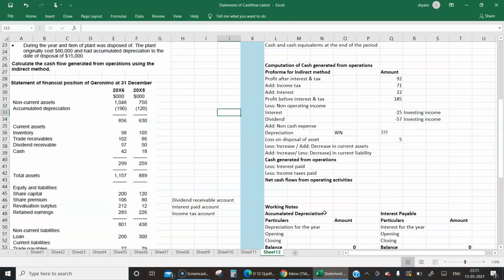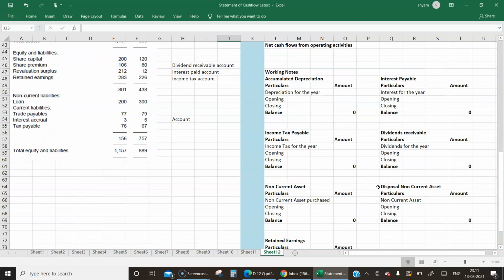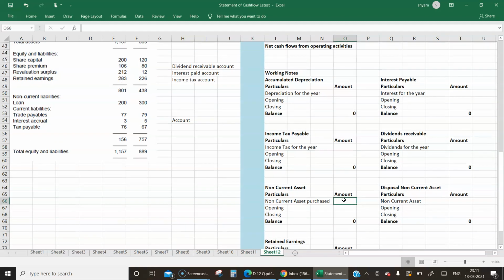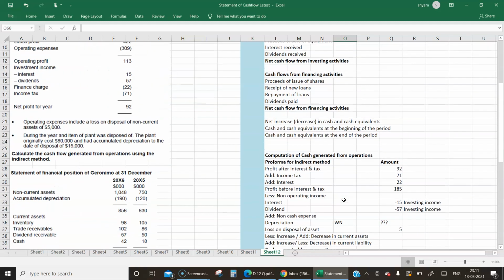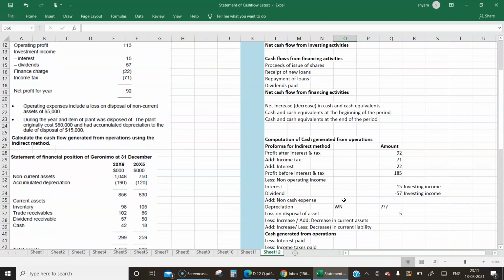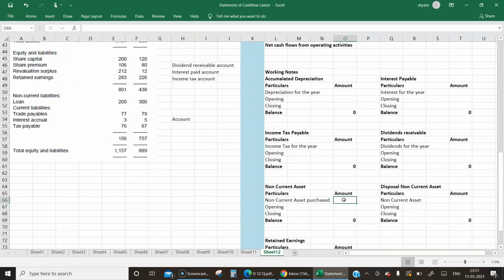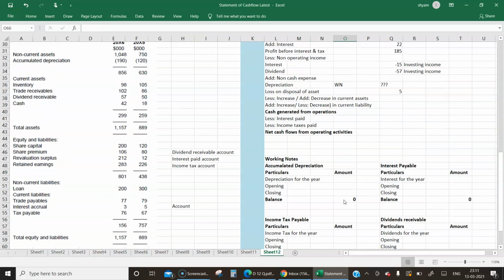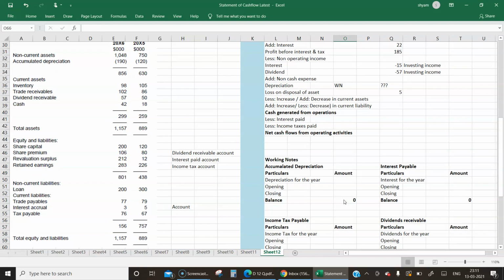First we'll open an asset account. The total asset that has been purchased in the year is not given, so better we'll put it like this. The opening of assets is 750.